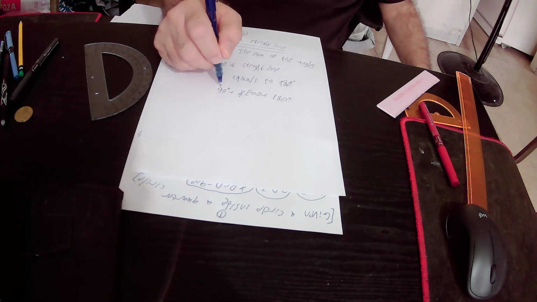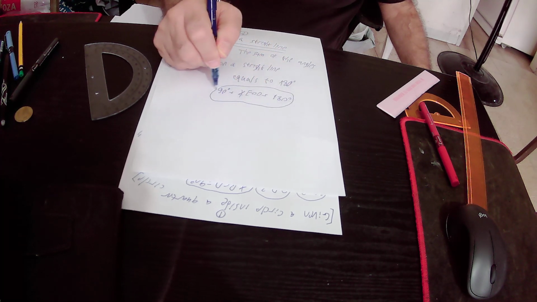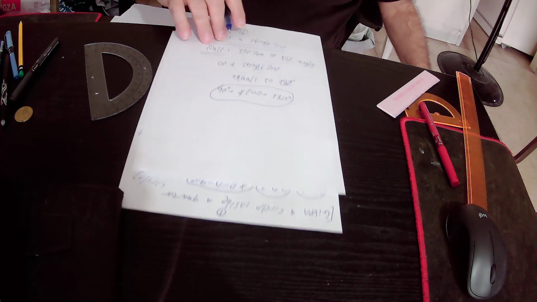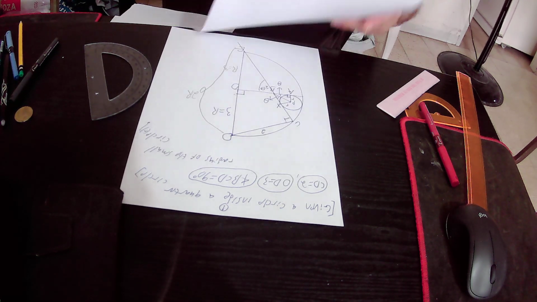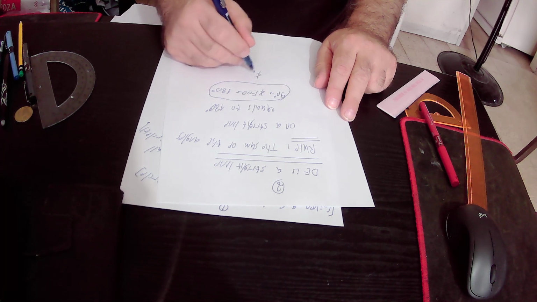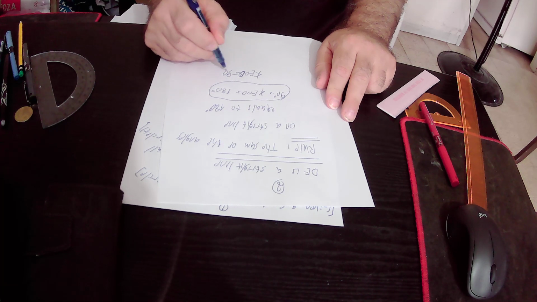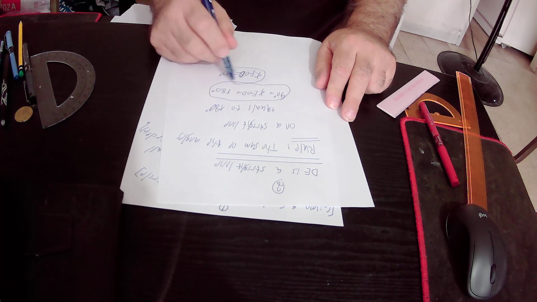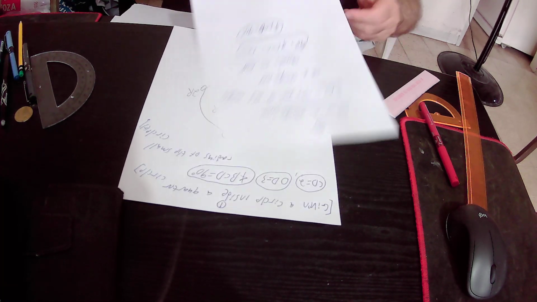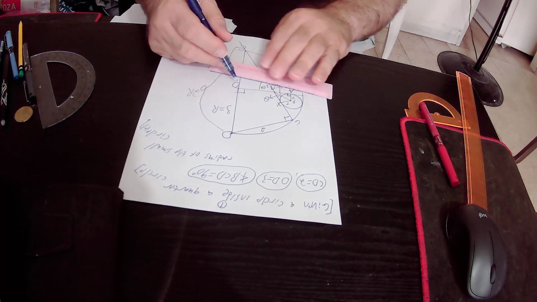So here we will subtract 90 degrees from this equality, and we will get that the size of angle EOD equals 180 degrees minus 90 degrees, which is 90 degrees. So actually this angle EOD is a right angle.